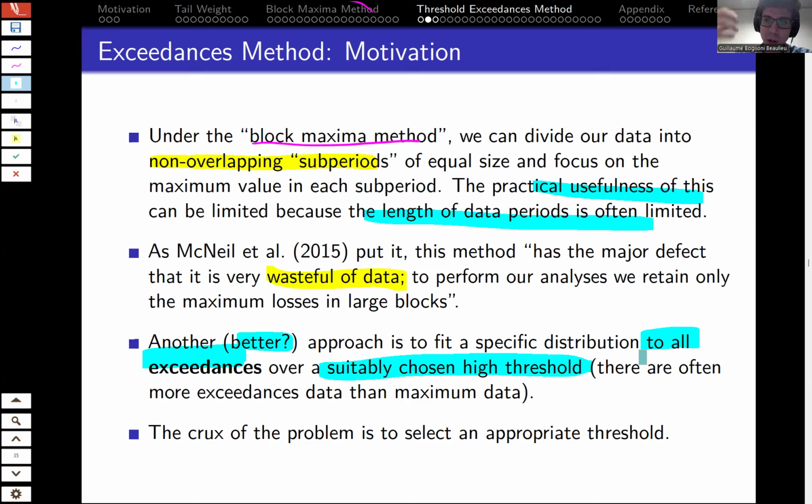Then you keep all the days that have 2% or more losses, and maybe then you'll have a bit more data. This is still wasteful because you disregard the data points with less than 2% loss, but you could have more exceedance data than maximum data. And in fact, the crux of the problem is to select an appropriate high threshold.